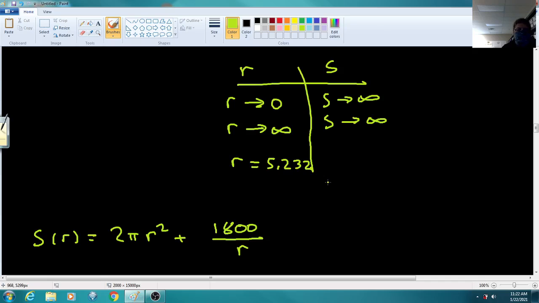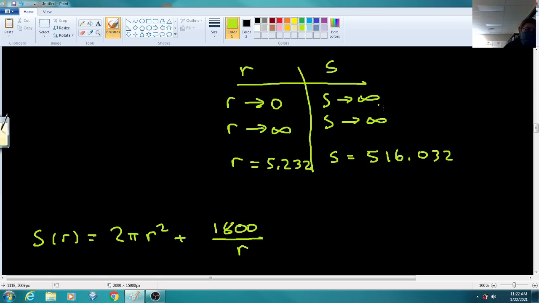When r equals 5.232, let me type that in. We get 2 pi times 5.232 squared plus 1,800 divided by 5.232. This gets us a surface area equal to 516.032.